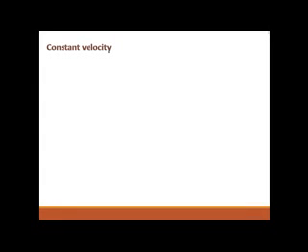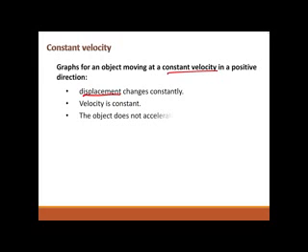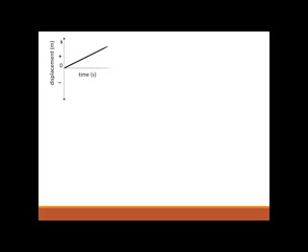If we look at each of these sets of motion in turn, first, the graph for an object at constant velocity in a positive direction. Displacement constantly changes, it's moving. Velocity is constant. Acceleration is 0. So the displacement time graph is a straight line with a gradient. Why?